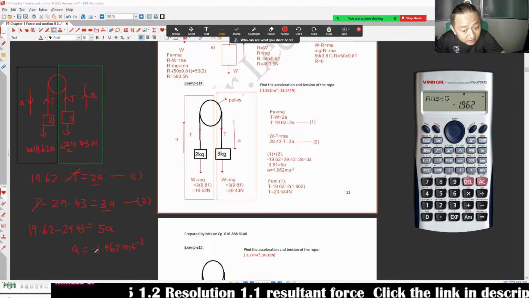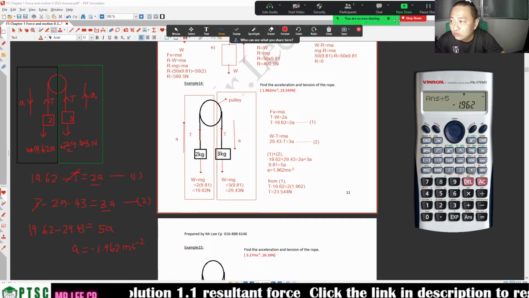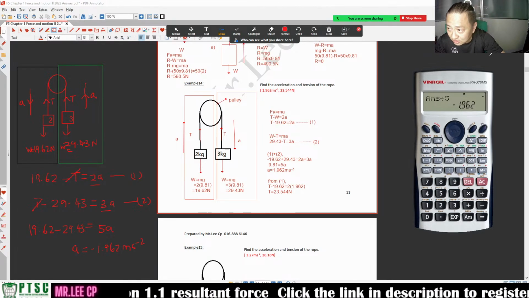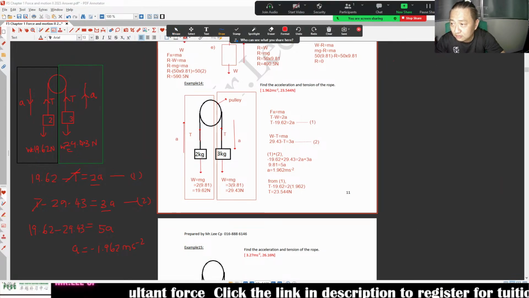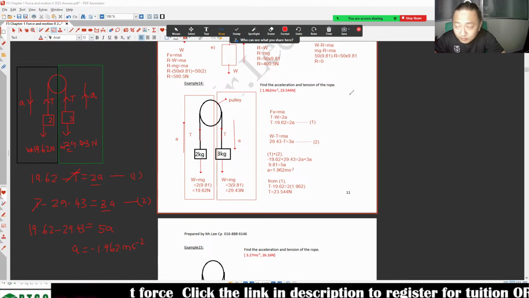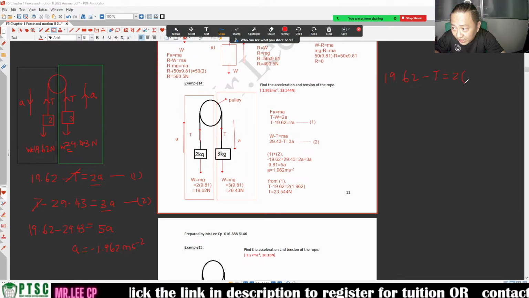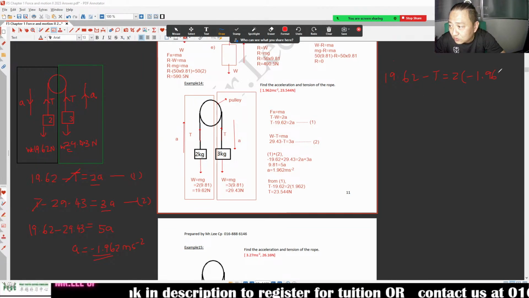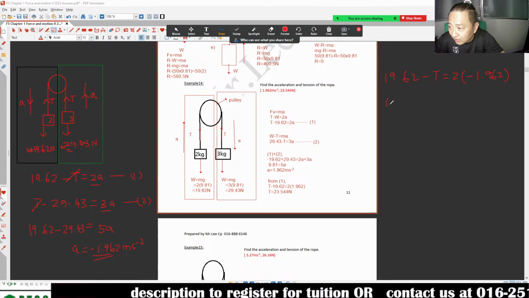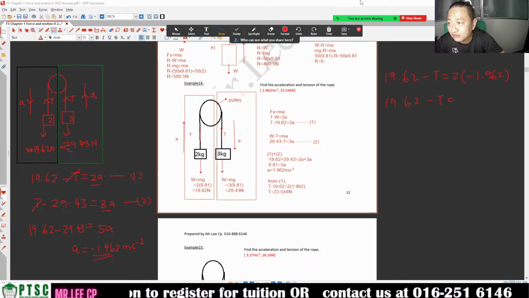But once you calculate the tension, substitute into equation 2 or equation 1. Don't still use the negative. The negative cannot be thrown away. 19.62 minus T is equal to 2A. A is negative 1.962. So 19.62 minus T is equal to 2 times this.